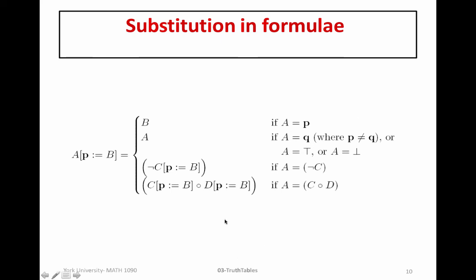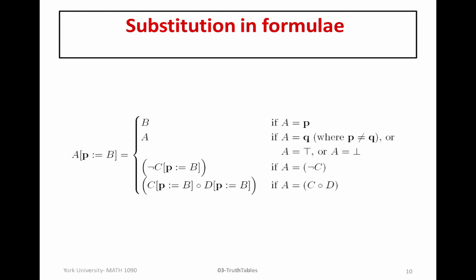In this case, again, substitution has the highest priority, so we apply substitution to each of these well-formed formulas C and D, and then connect them with the corresponding connective. Again, all of this boils down to wherever we see P in either C or D, we replace it by B. One of the main reasons that we need to formalize the substitution is to ensure that when we perform substitution, we get back a well-formed formula. That's essentially why we define it in this way.